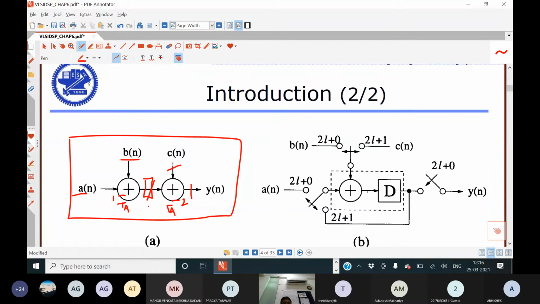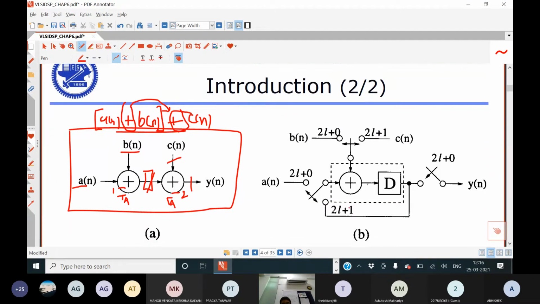So how can we reduce it? Of course we want to do addition, so ultimately we want AN plus BN, which is then added with CN. In the first instance we can do the addition of AN plus BN, and this will be added in a second time with CN in order to generate the overall output. So here, instead of using two adders, let's consider part B on the right hand side, a single adder.